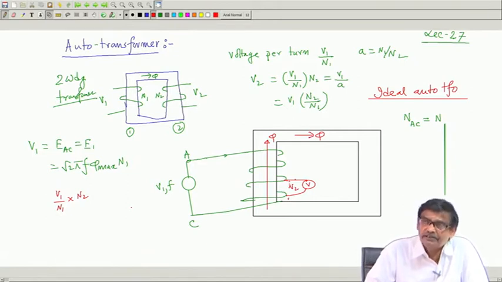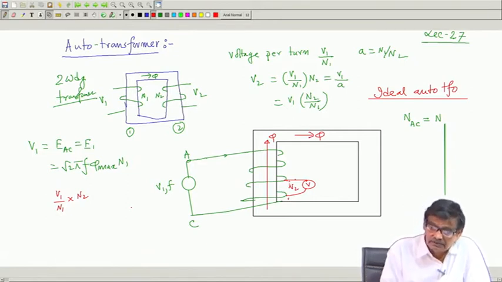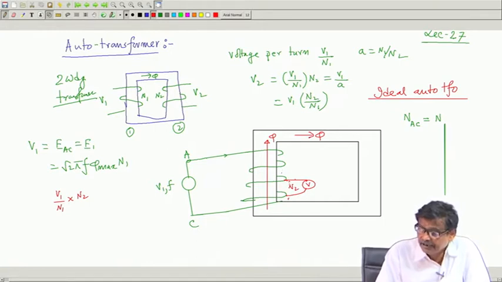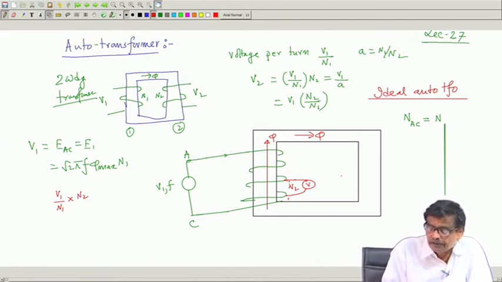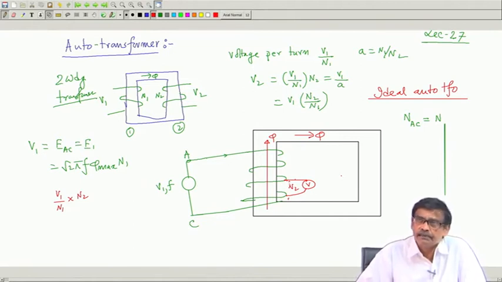Suppose the number of turns is 100 N1 and you have taken tappings at 50% midpoint tappings, then there will be 50 turns there. So, if you have applied 200 volt, you will get 100 volt there, step down will take place.